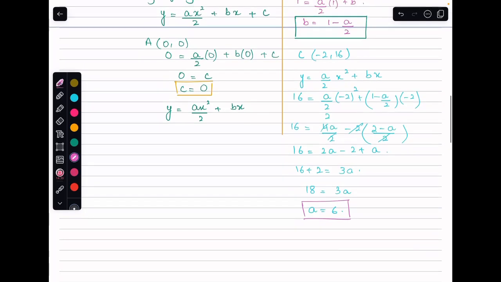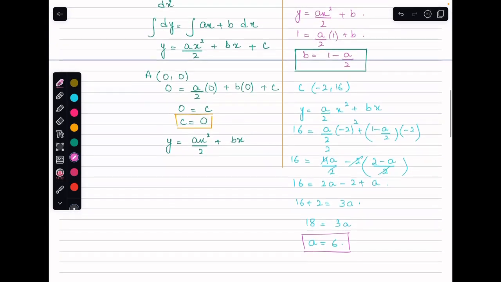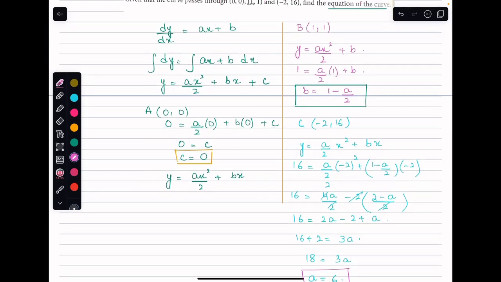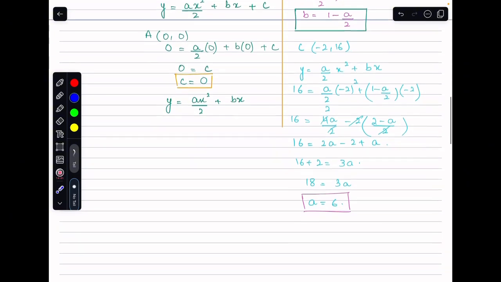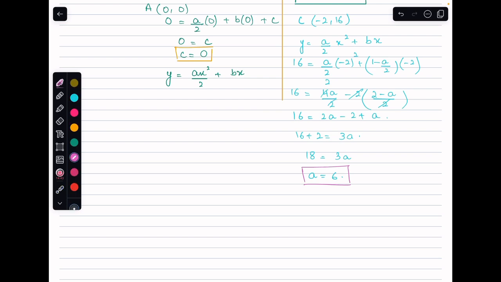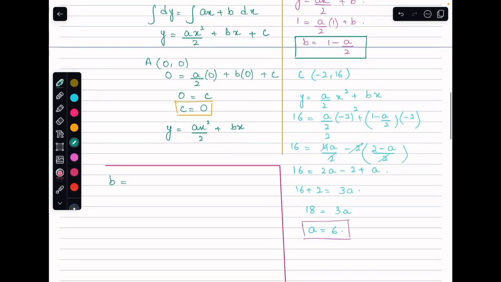And then from here, I should be getting the value of b. b is 1 minus a by 2. I can substitute this a as 6 over here, and solving that, b equals 1 minus a by 2.